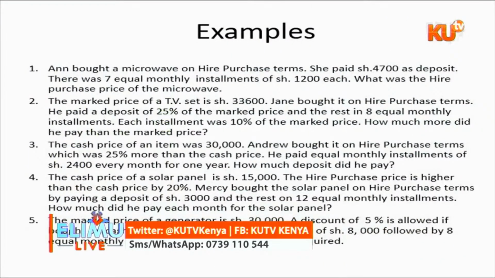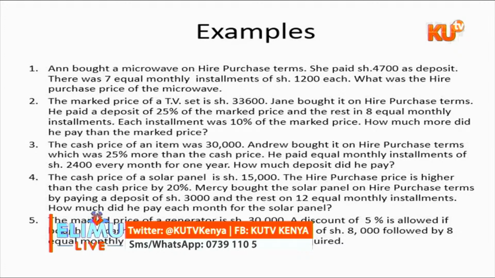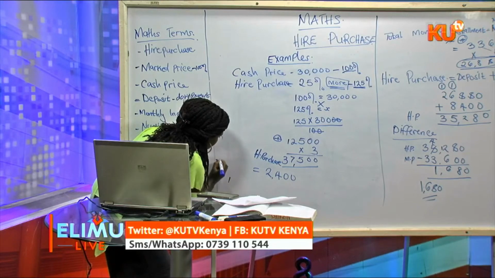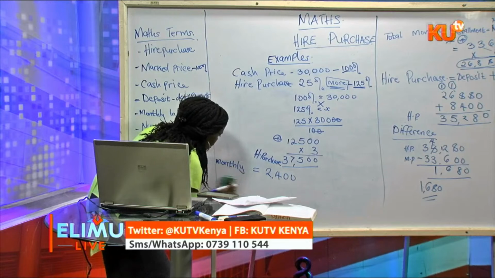He paid equal monthly installments of 2,400. The monthly installment was 2,400 every month for 1 year. So here we have the number of months. Oh, sorry, let me write this one. I don't want to confuse anyone. This is the monthly installment.